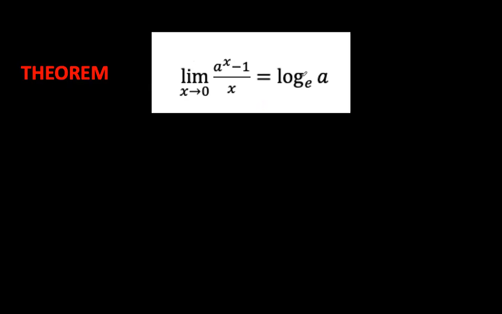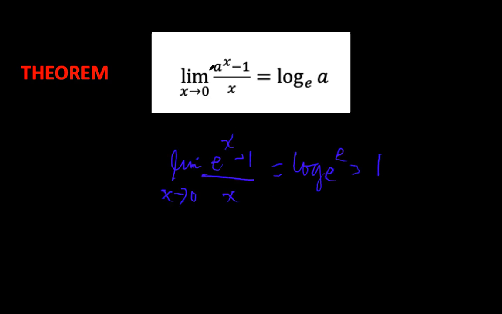All right, so a here is the base of the exponent in the given. So this is the formula that we will be using in solving the limit of exponential function. And whenever the base here is e, then this becomes the limit of e raised to x minus 1 all over x as x approaches 0 is equal to the logarithm of e base e is equal to 1.